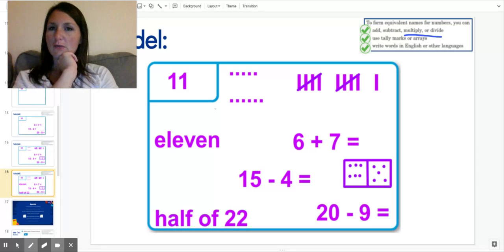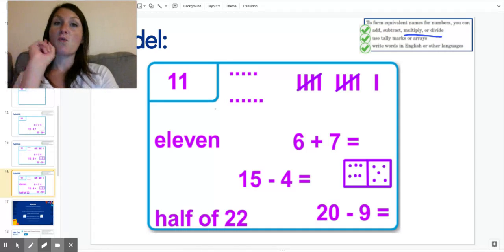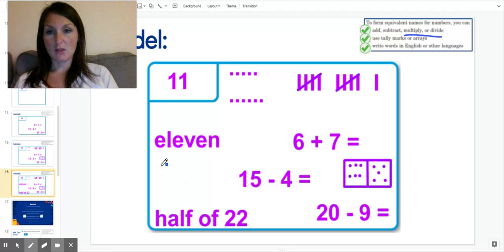Well, that doesn't work for threes, or I know it's not fours. And I do know something I could put here for 11. Anything times 1 is going to equal that. So I can put 11 times 1 equals 11.